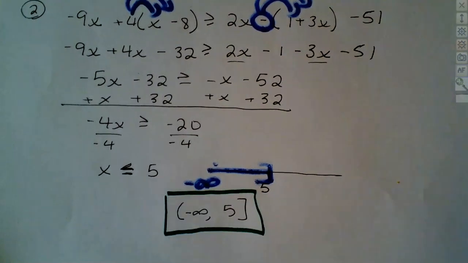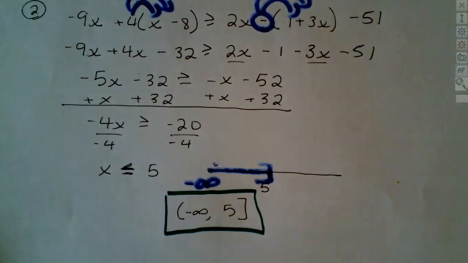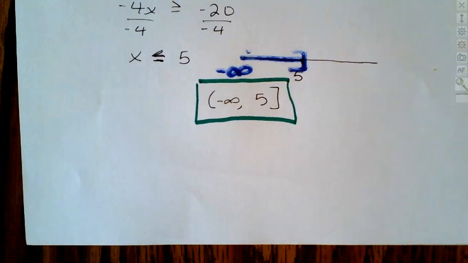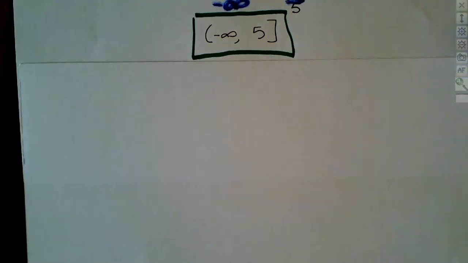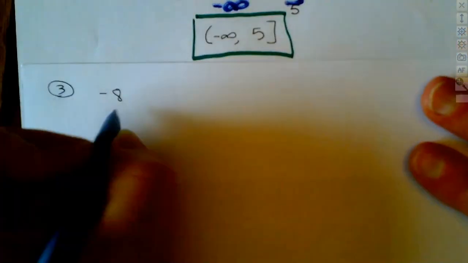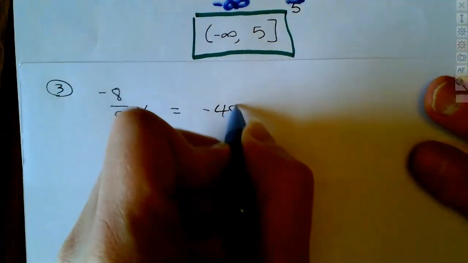So the key takeaway is to remember, whenever you divide or multiply by a negative number, you will flip your inequality symbol. The next question, we're going to be clearing out a fraction. So what we've got on question 3 is minus 8x over 9 equals a negative 48.